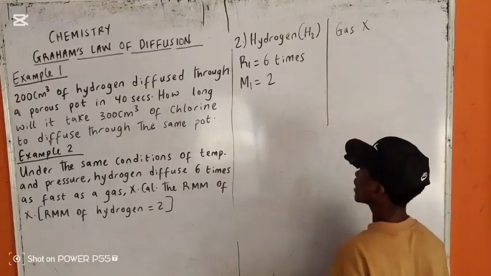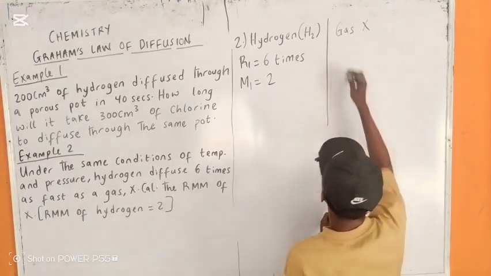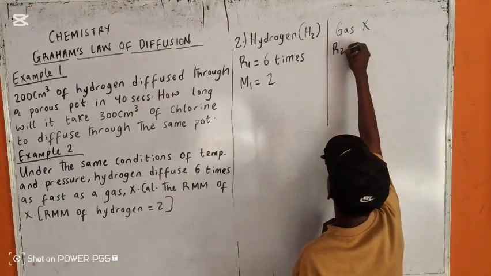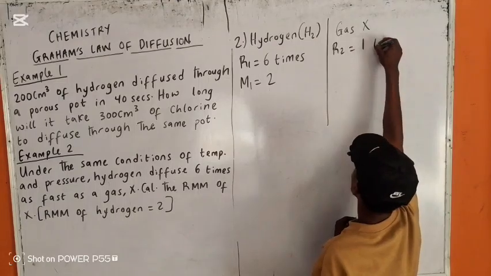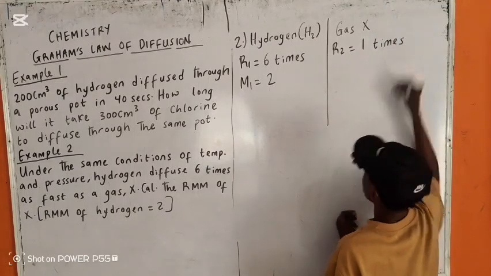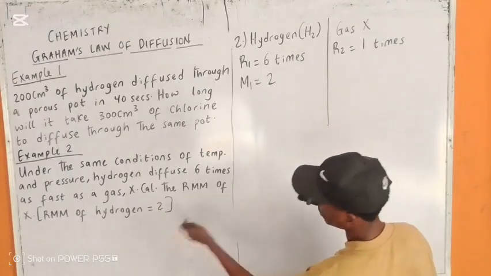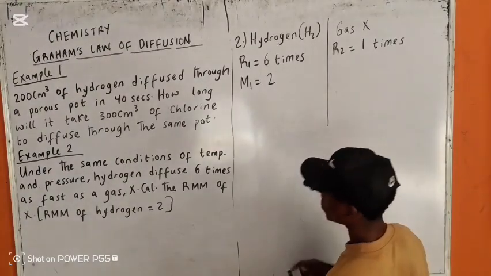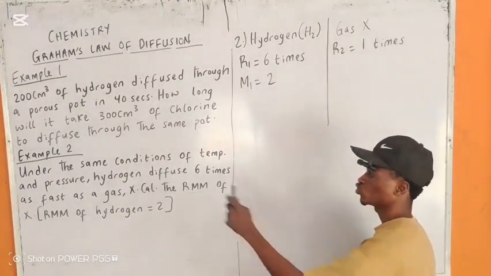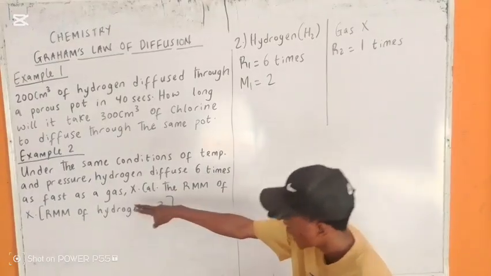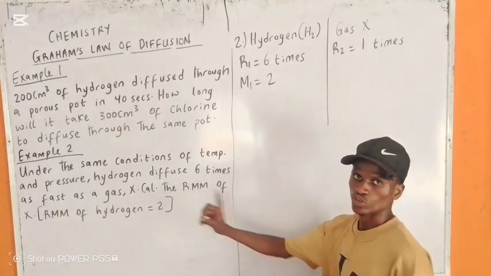Now for gas X, we have R2 equal to 1, because they said hydrogen diffuses 6 times as fast as gas X. So if hydrogen diffuses 6 times, gas X has its rate to be 1.